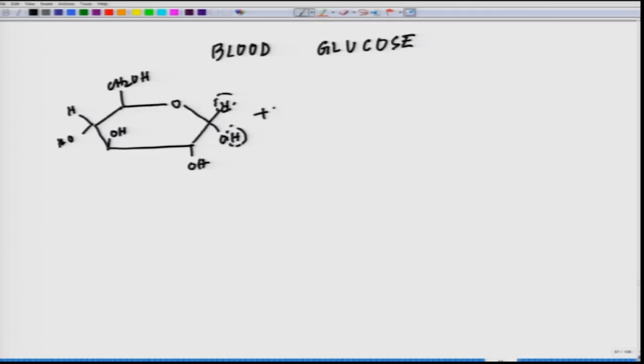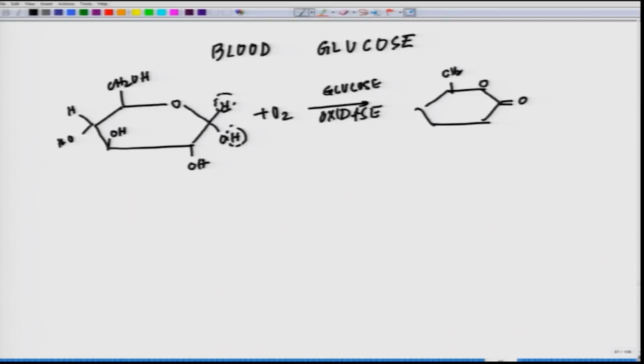Glucose plus oxygen in the presence of glucose oxidase forms gluconolactone, a compound like this, with CH2OH. The rest all remains the same, H, OH, OH, OH, okay, plus H2O2, and that is why I label those.